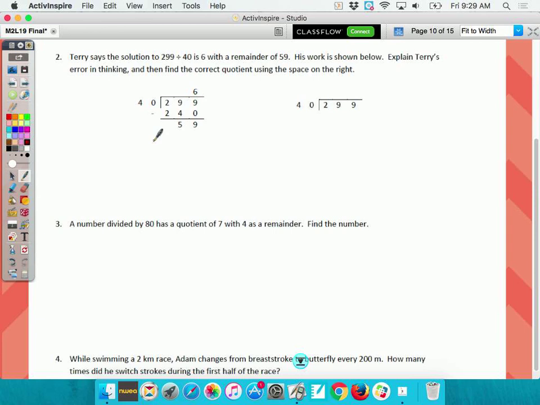Now I want you to study this problem and think about what we just talked about. And I want you to see if one of those steps is the error.